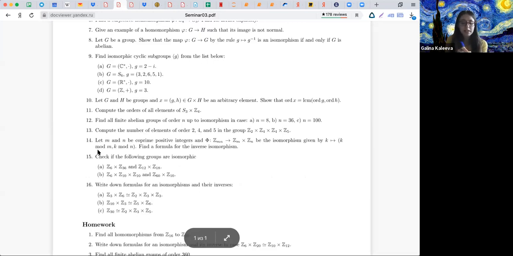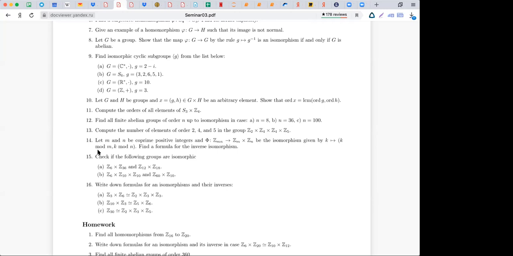First of all, let's decompose this group. We already know that Z6 is Z2 times Z3. And here, what are the primes? 36 is 2 squared times 3 squared. So this is a product of Z4 and Z9. But actually, we do not have to decompose all the groups. We can just decompose, for example, 36 and 12.